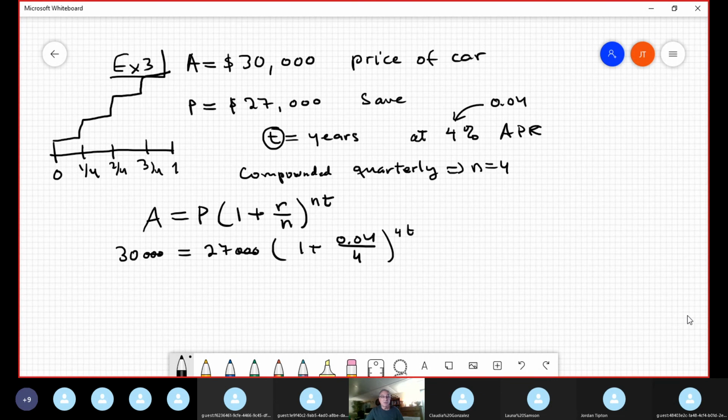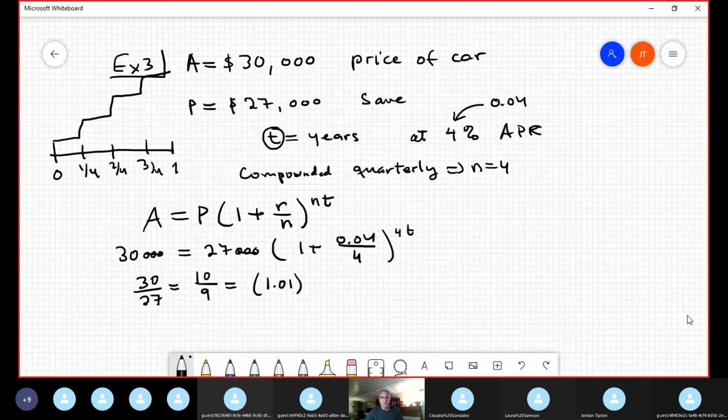So 30 divided by 27, and by the way, dividing by 3 gives 10 over 9. 0.04 divided by 4 is 0.01, plus 1 is 1.01, raised to the 4t.